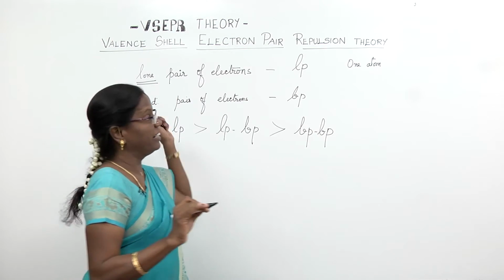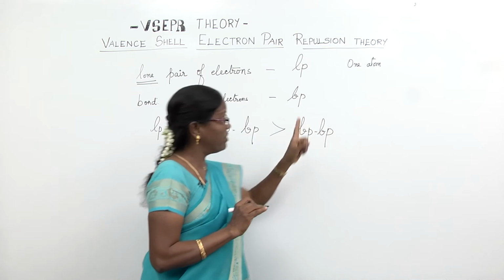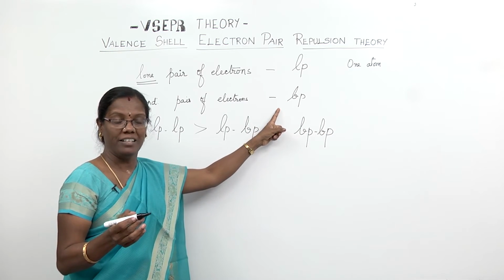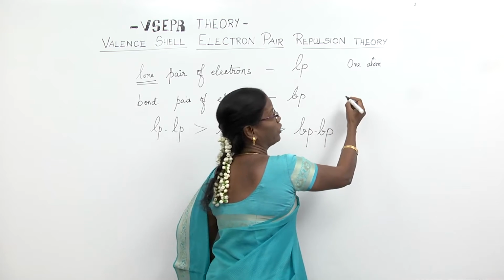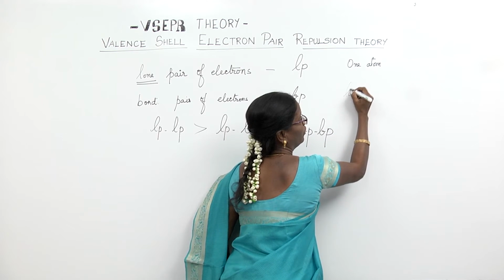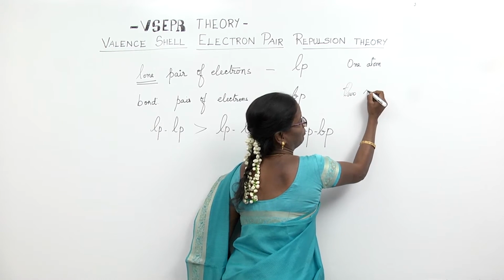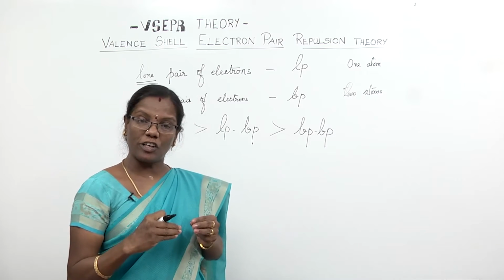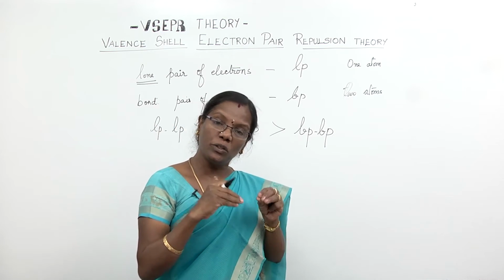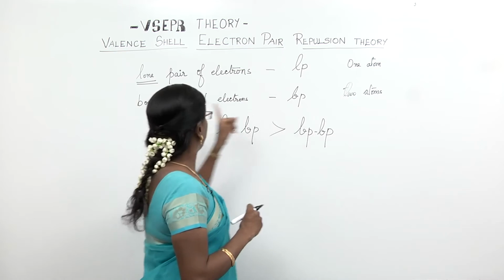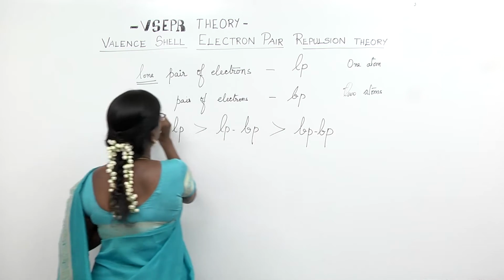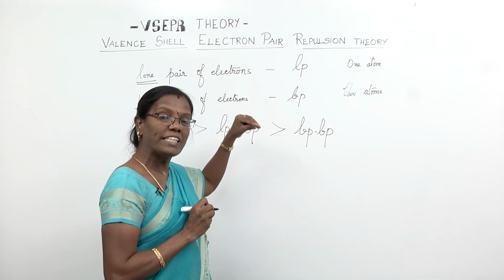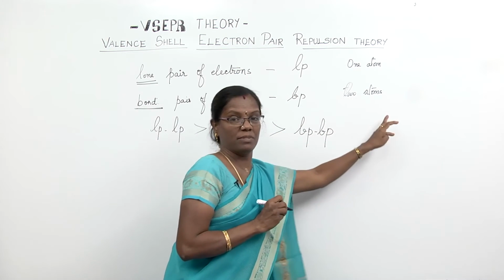Lone is single. It is for only one atom. Whereas a bonding pair of electrons is for two atoms. The bonding pair will be present in between two atoms. That is why it is called a bond. A bond is between two atoms.